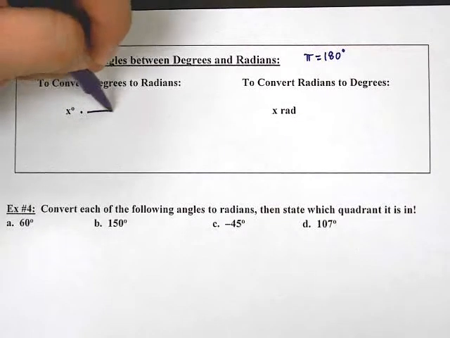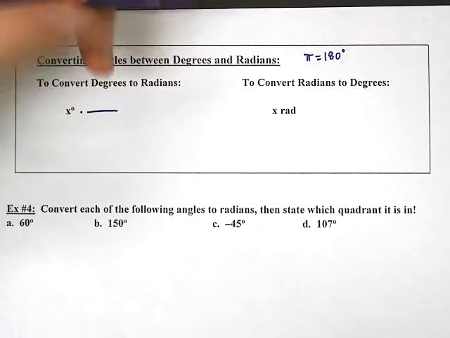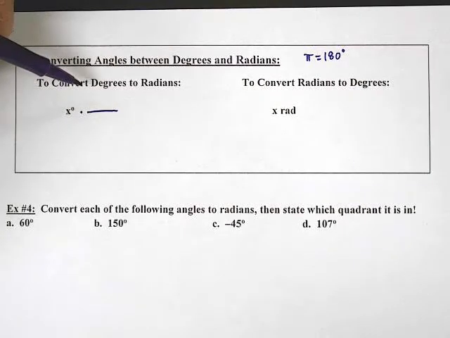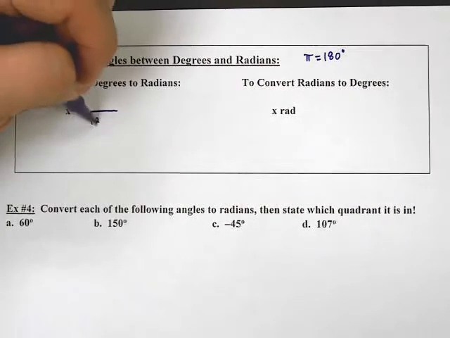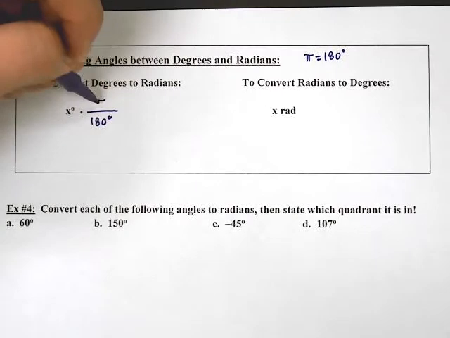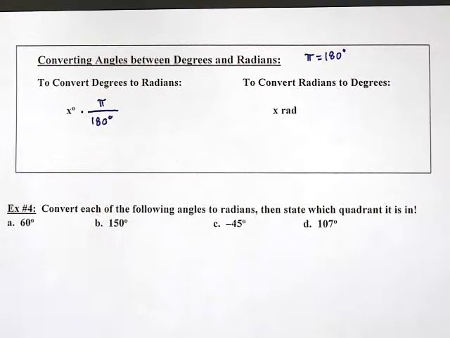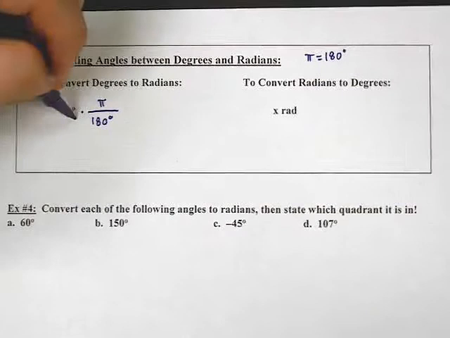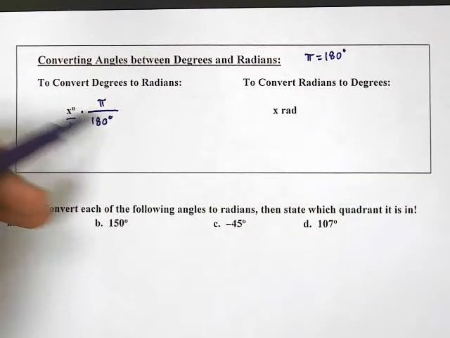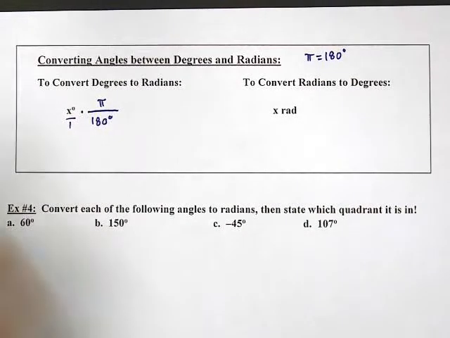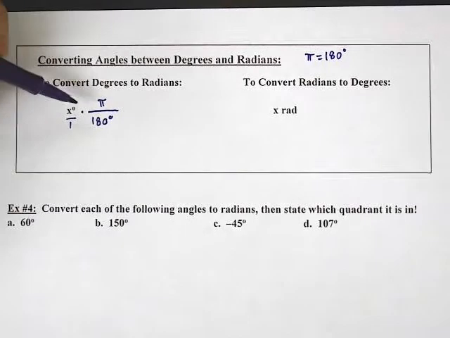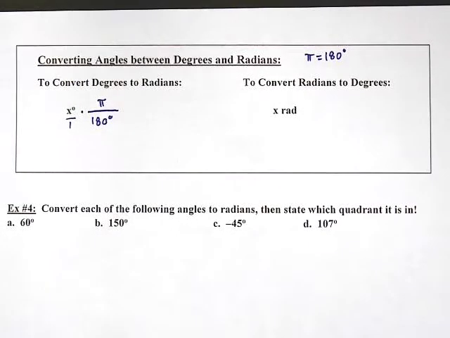So I'm going to multiply, and if I want to cancel out degrees, then I need 180 degrees on the bottom, and pi would have to go on top. Hopefully that makes sense, right? Because this is kind of like over 1, and what's going to happen with these degree signs? They're going to cancel, you're going to be left with a pi more times than not in your final answer, and that's what we're looking for.